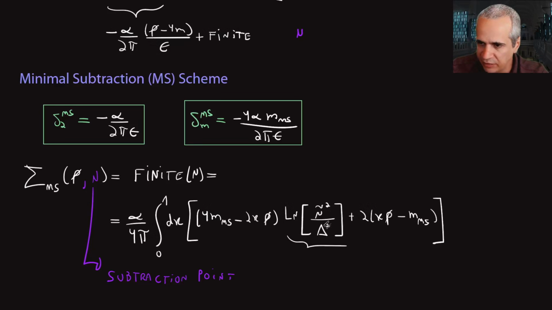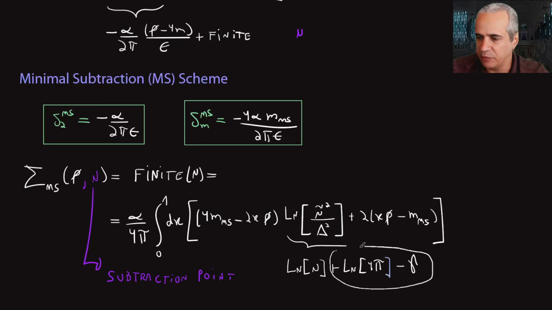This is really, forget the delta, this is really the log of mu plus the log of 4 pi, minus the Euler-Mascheroni constant, right? And these two guys, this part right here, always shows up when you're doing dimensional regularization, together with the 2 over epsilon, right? That went away here, right?